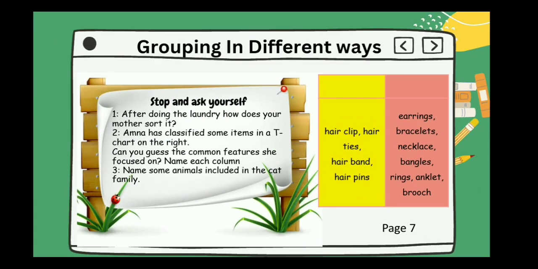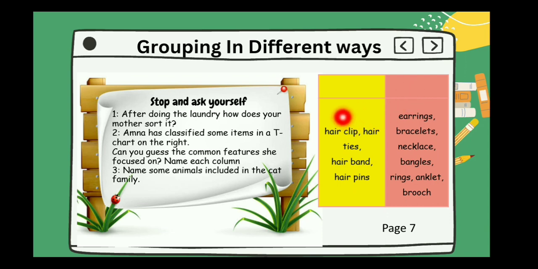Now there is a task for you. Stop and ask yourself. Question number 1 says, after doing the laundry, how does your mother sort it? And question number 2 is, Amna has classified some items in a key chart over here. Can you guess the common features she focused on and name each column?